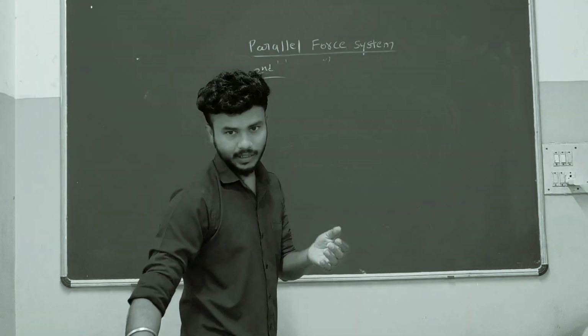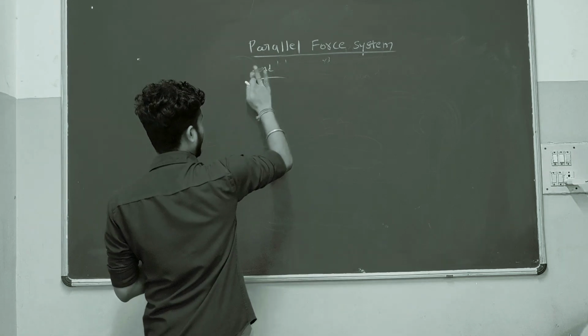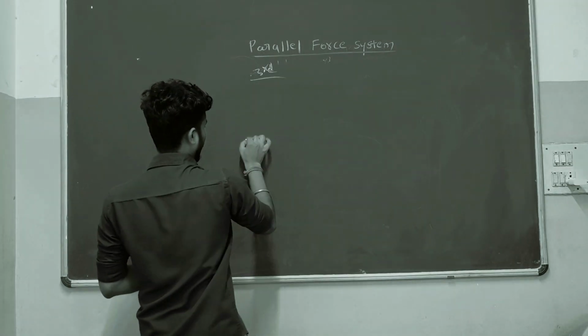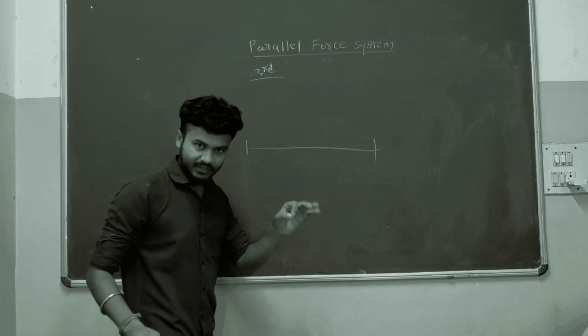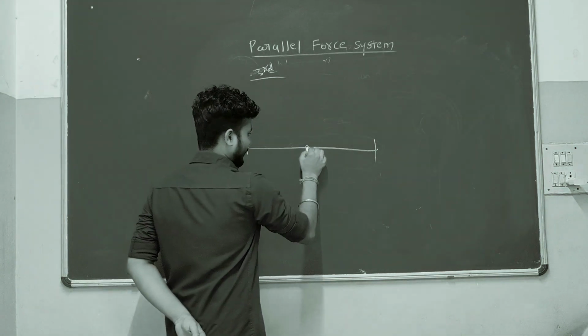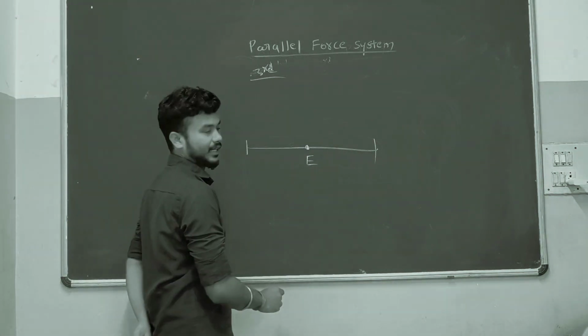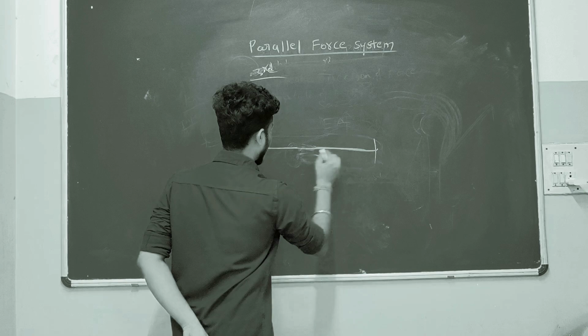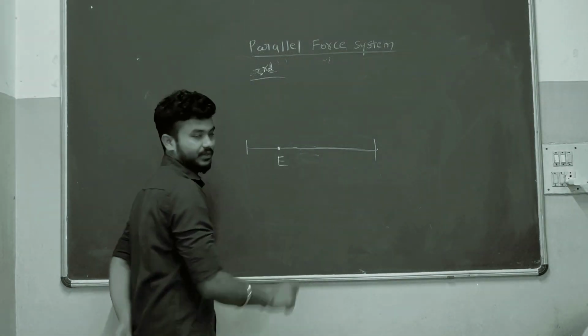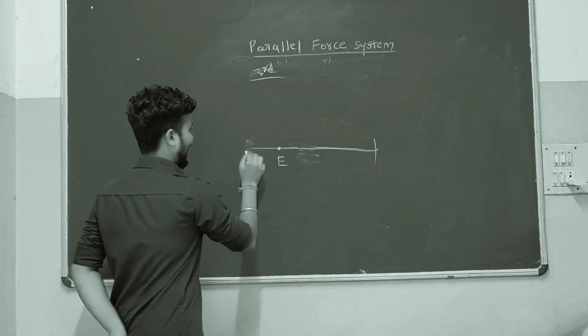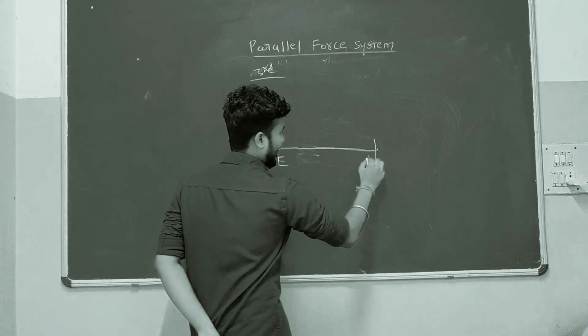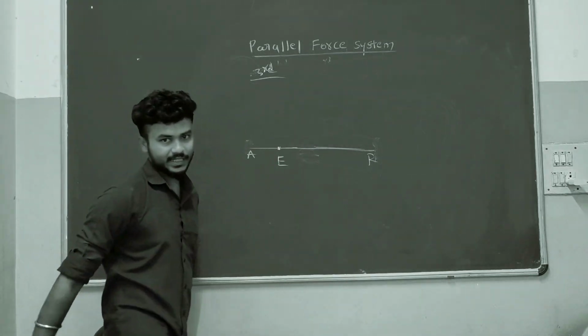Now the third order lever. Here the lever is there. In this, the effort will be in the middle of the lever. The axis will be at one end and the resistance will be at the other end.